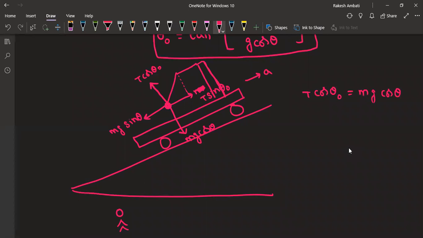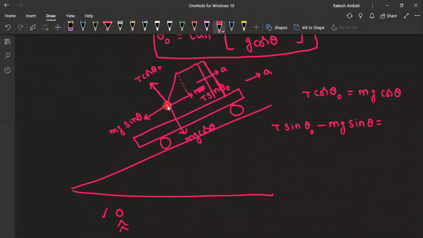Yes. Now for this observer, this pendulum seems to be moving up the inclined plane. Then what is the resultant force acting on the pendulum? T sin theta naught minus mg sin theta is the resultant force.